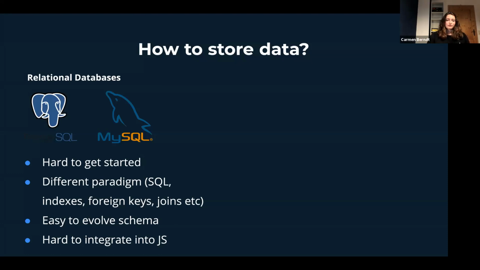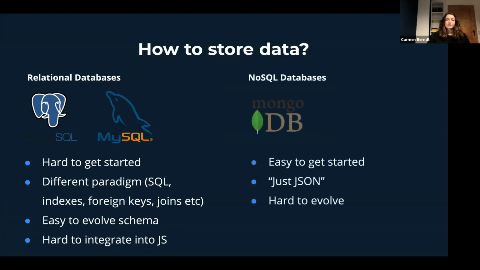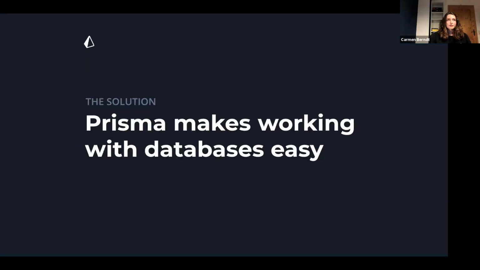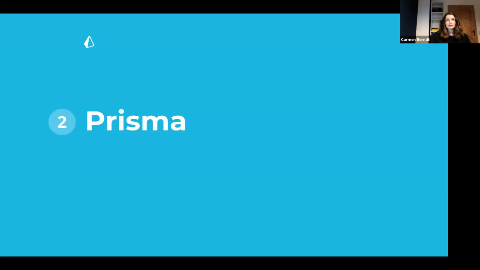On the other hand, they are very well proven, but like I said, it doesn't feel natural if you're working with Node.js. You could also use a NoSQL database, the most popular one, MongoDB, where you can just use JSON. But here, it's hard to evolve a schema. For example, if you want to add or rename a field, then you would need to loop over all your data. And that's where Prisma comes in, making working with databases easy.